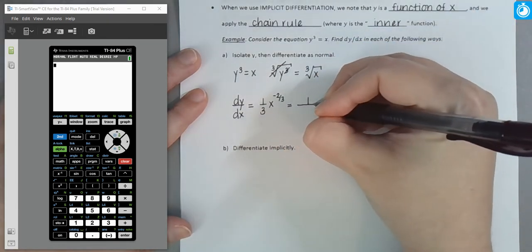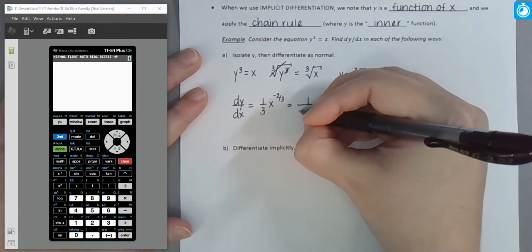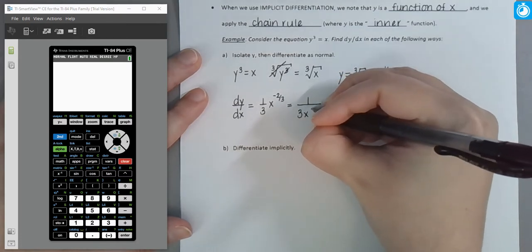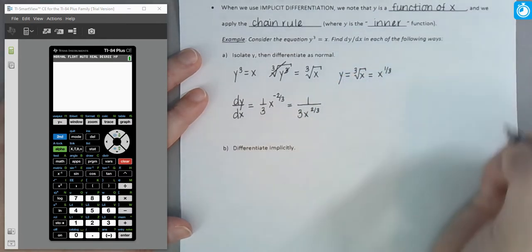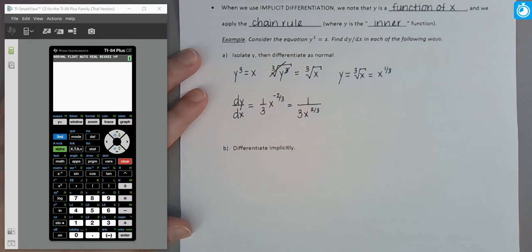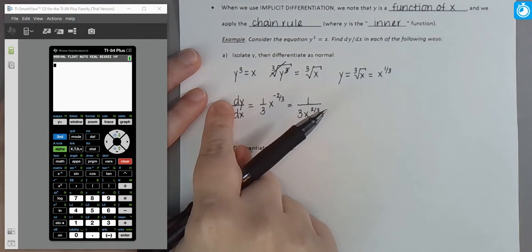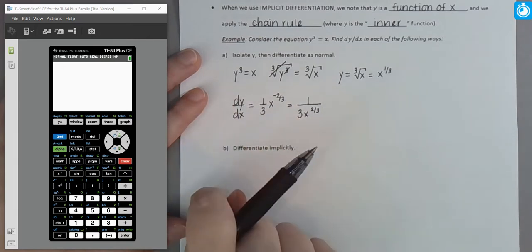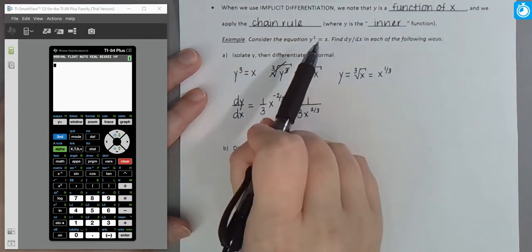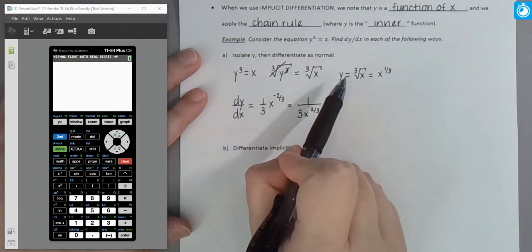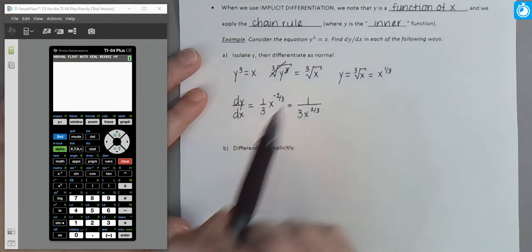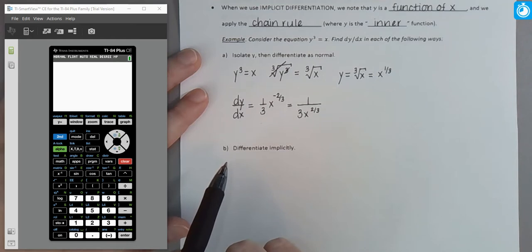So the simplified form of the derivative is going to be 1 divided by 3 times x to the 2/3. That's going to be our derivative. And notice once we got to the differentiation part, it was just like we've done before. The only thing that changed is we had to start by isolating y in order to put it into the form that we're used to differentiating.